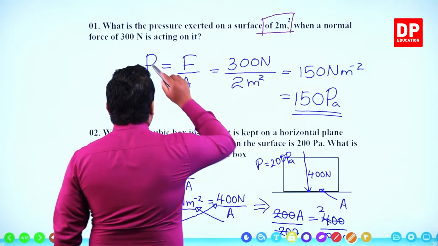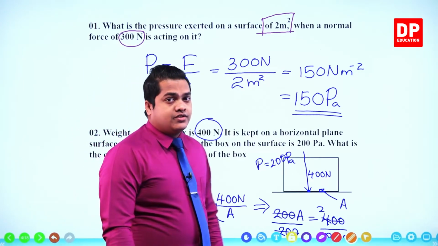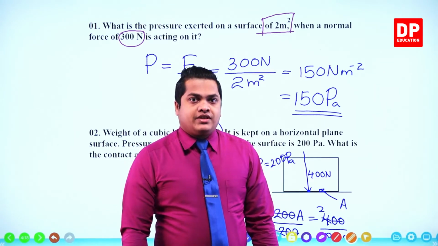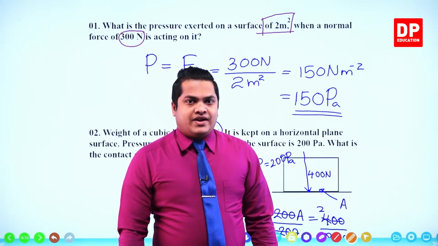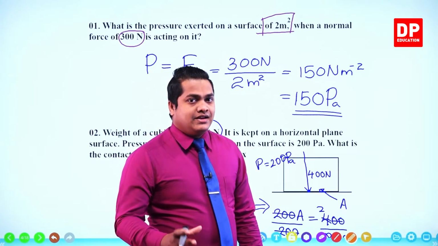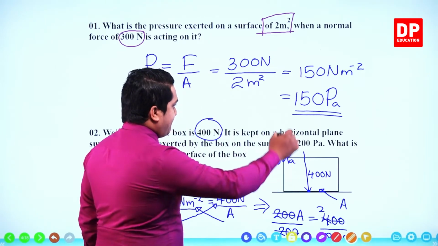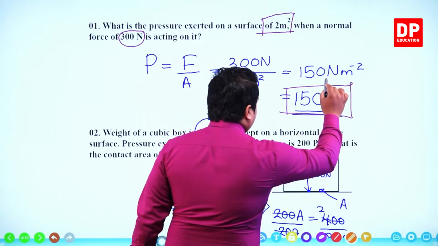Then here 300 Newton, once again the international standard unit of measuring force, newtons. So in that case, my dear children, you will get the international standard unit of measuring pressure, which is pascals or newtons per square meter.